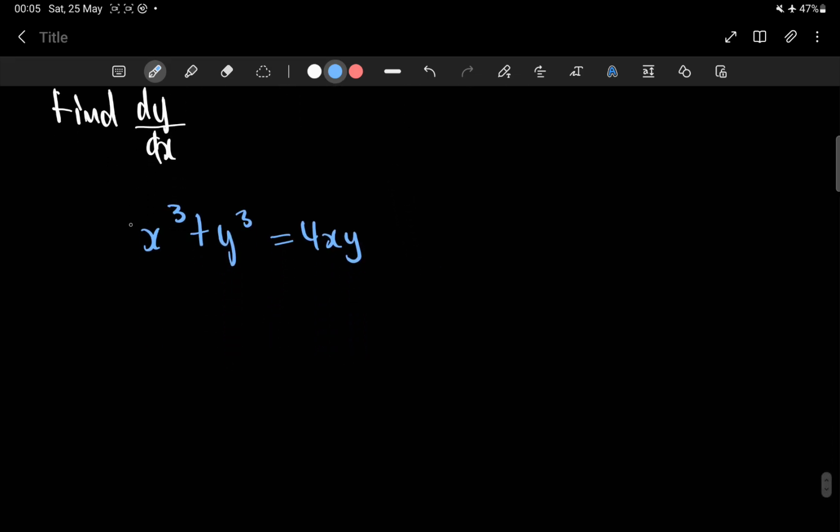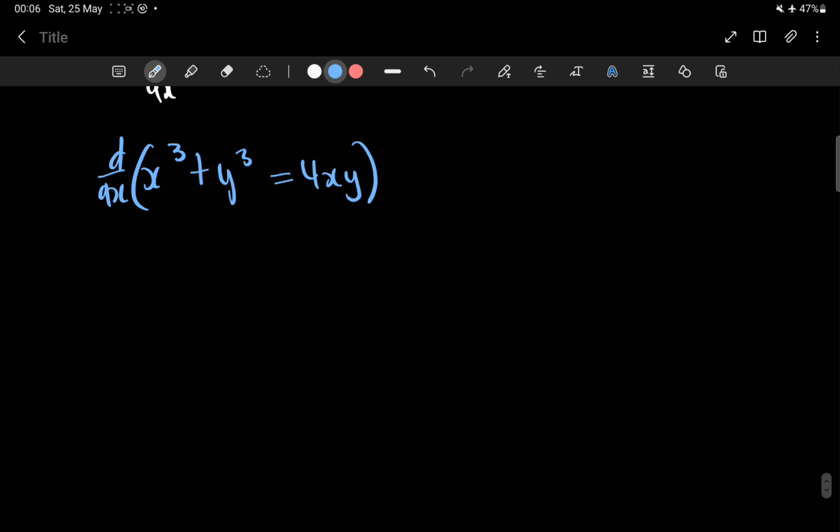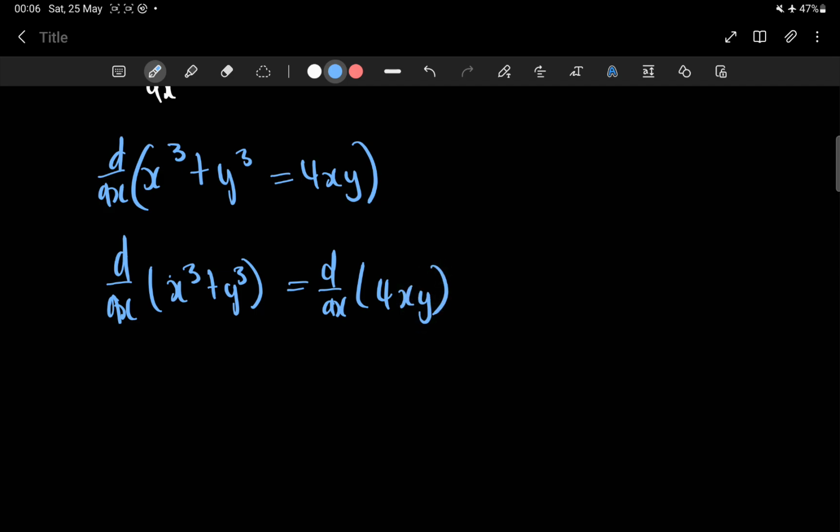So what you're going to do is differentiate everything with respect to x, which is going to be d dx of the left side, x cubed plus y cubed. This is equal to d dx of 4xy, the right hand side.